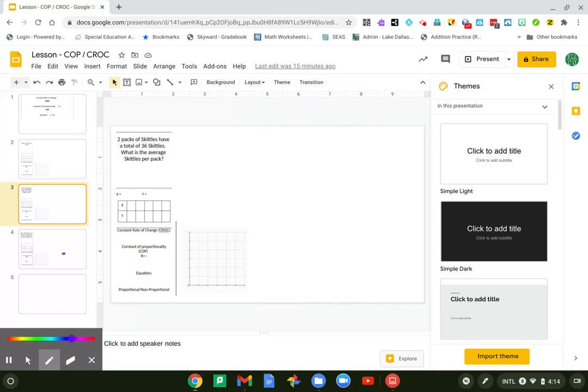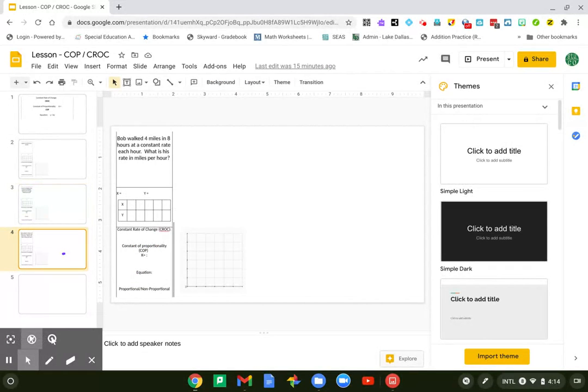Let's go to this last one here. Bob walked 4 miles in 8 hours. What is his rate in miles per hour? Well, we're looking for unit rate, miles per hour. So I wrote this as a fraction, 4 miles in 8 hours.